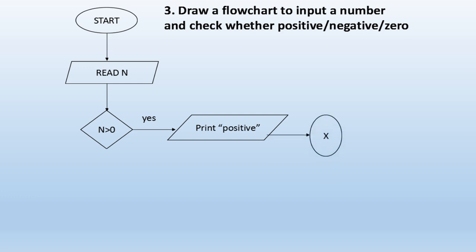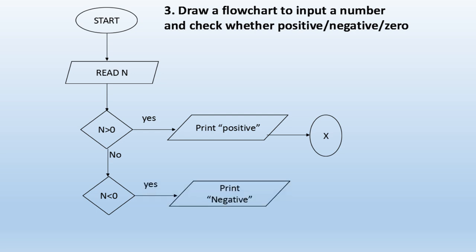What do you have in x? I'll tell you later. And if it is not greater than 0, then it will come down and it will check for a negative number. If the number is less than 0, if it is yes, then it will print negative and it will connect to x.